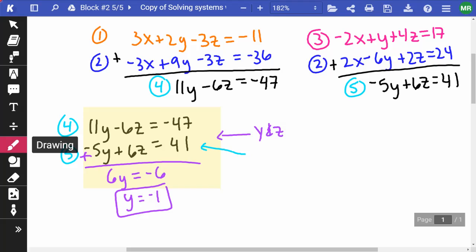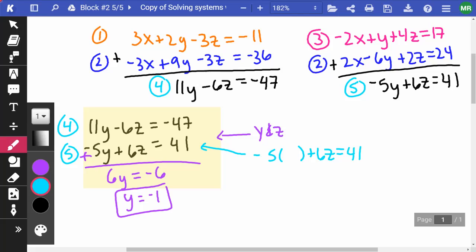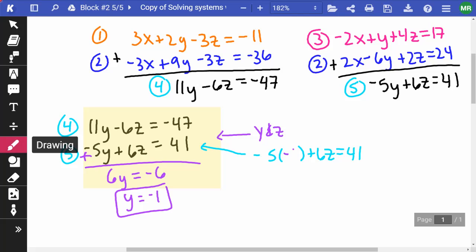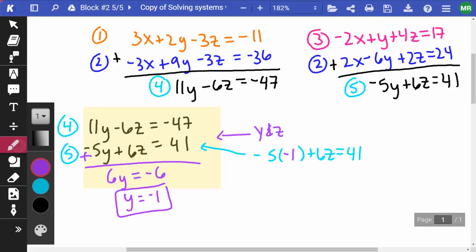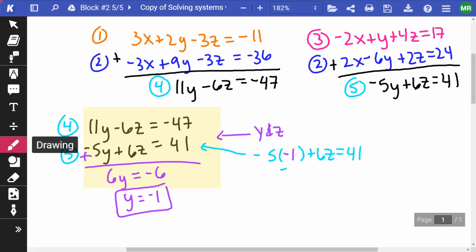Okay, number 5. So I'm going to go -5 times my y plus 6z equals 41. And my y was -1. So now when I do this, I am going to end up getting 5 plus 6z is equal to 41.